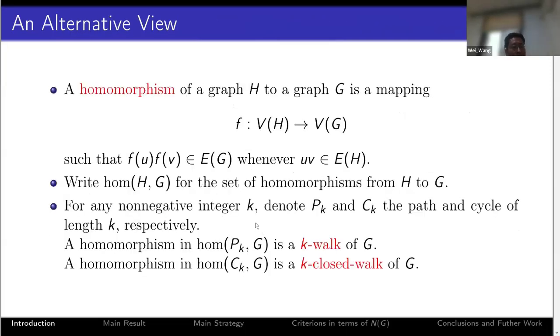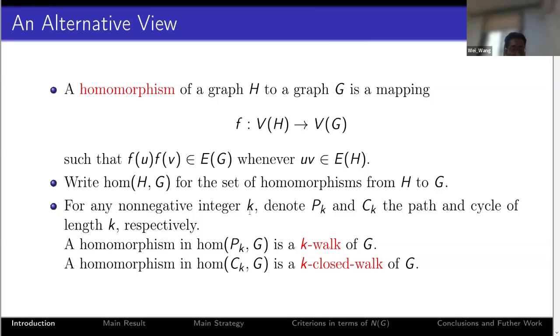A homomorphism of a graph H to a graph G is a mapping f from the vertex set of H to the vertex set of G such that f(u)f(v) is an edge of G whenever uv is an edge of H. We use Hom(H, J) for the set of homomorphisms from H to J.